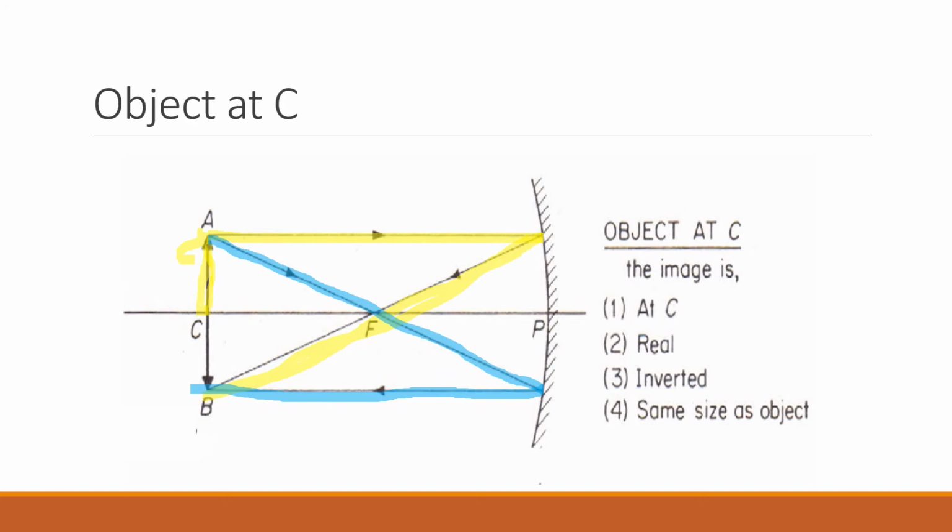Fine. So coming back to our topic now, in this case, can you see at this point B? At this point B, what happens? The two rays intersect.